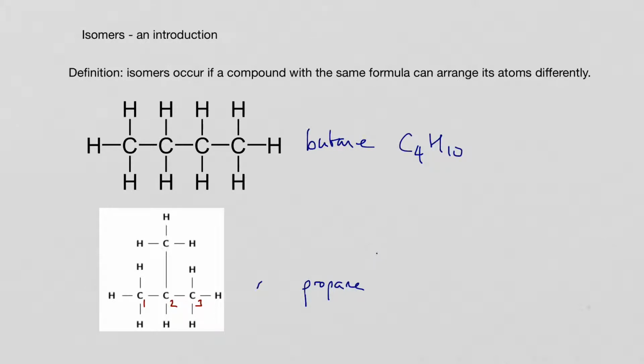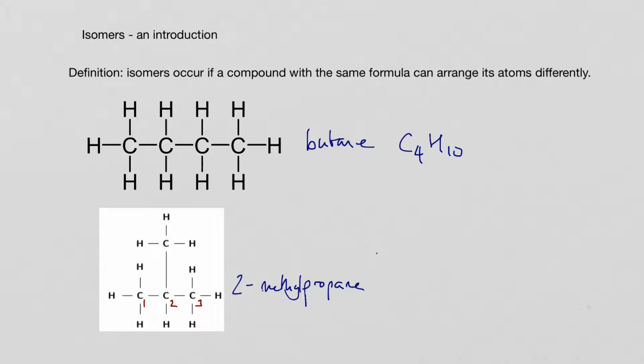Let's try that again. So we call it methyl. There's your methyl group, methyl propane. You could, if you wanted to, be specific about which carbon on the propane group the methyl is added. So you could, if you really wanted to, call it 2-methyl propane.